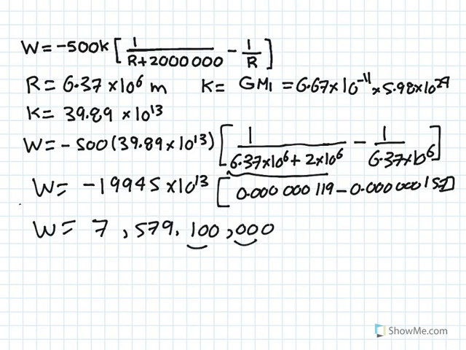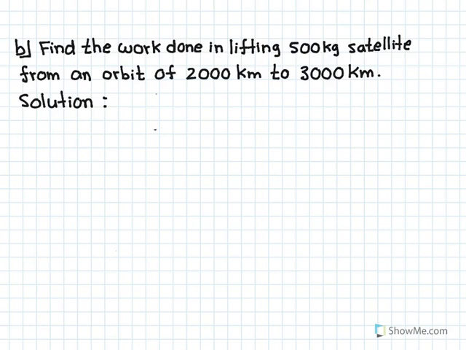So we have essentially almost 7.6 billion joules of work is required. That's a lot of work that's required. 7.6 billion joules of work is required to lift this satellite from ground level to a height of 2,000 kilometers above the Earth.